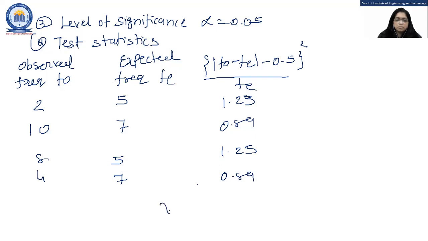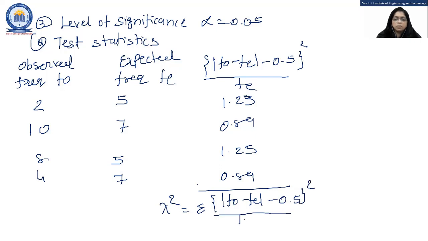So finally, my chi-square is summation of modulus of FO minus FE minus 0.5 whole square upon FE and is equal to 4.28.